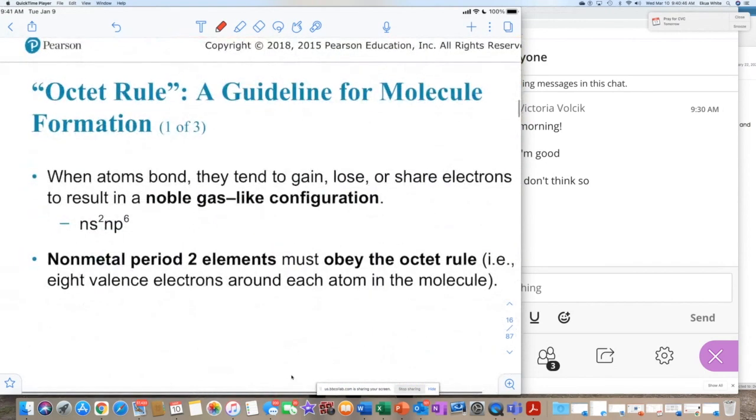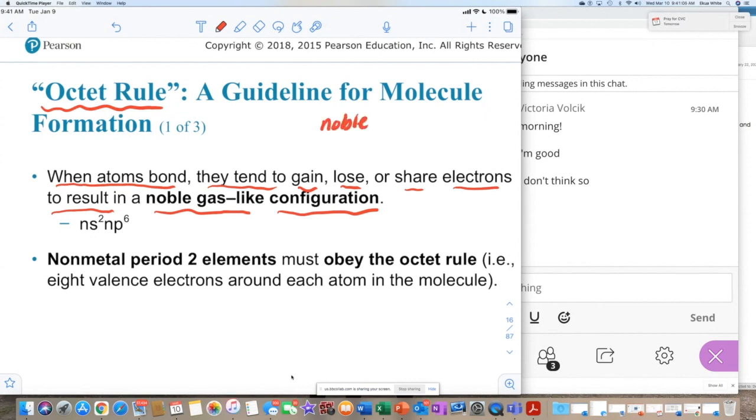Okay, now we're talking about the octet rule. What is the octet rule, or the rule of 8? When an atom bonds, they tend to either gain, lose, or share electrons to result in a noble gas-like configuration. I mentioned this earlier. The noble gas is a group of elements, right? That family or group of elements. This is group 8.